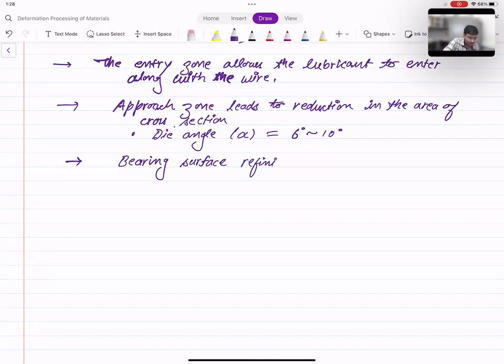Its function is to refinish or to provide uniformity to the formed product. Okay, so it does not cause any reduction.